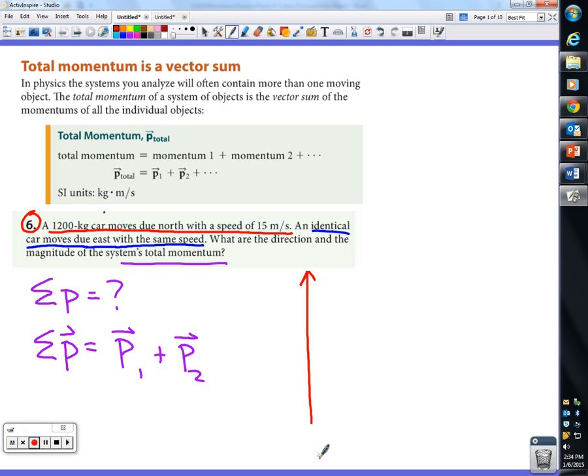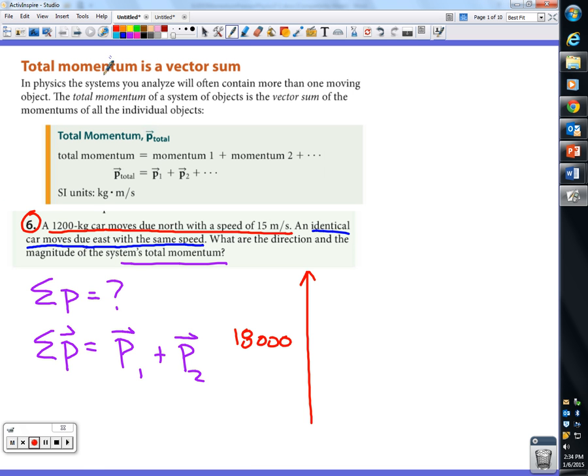Okay. So, we have two cars. Car 1 is traveling in this direction. And if we want to find the sum of the momentum, we have to find the momentum of each individual car. So 1,200 kilogram car, speed of 15 meters per second. To find its momentum, we would just multiply those together, and I think if I remember correctly, it's 18,000.